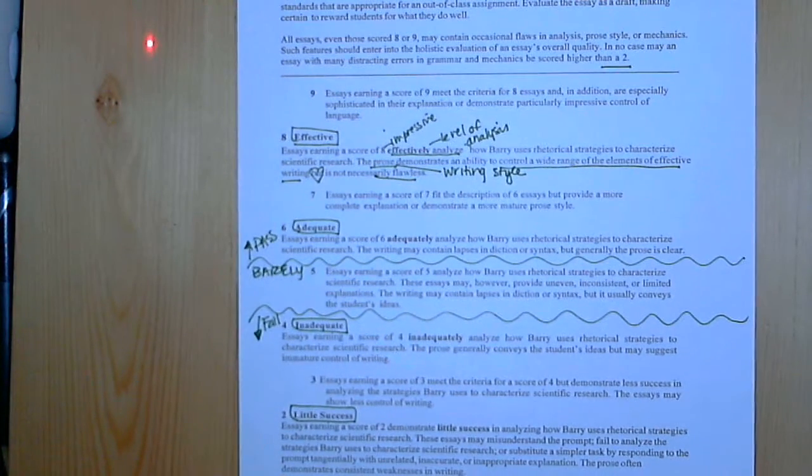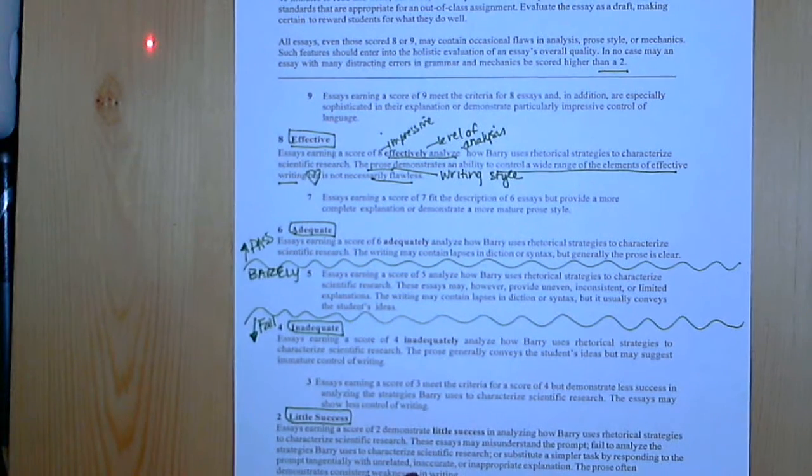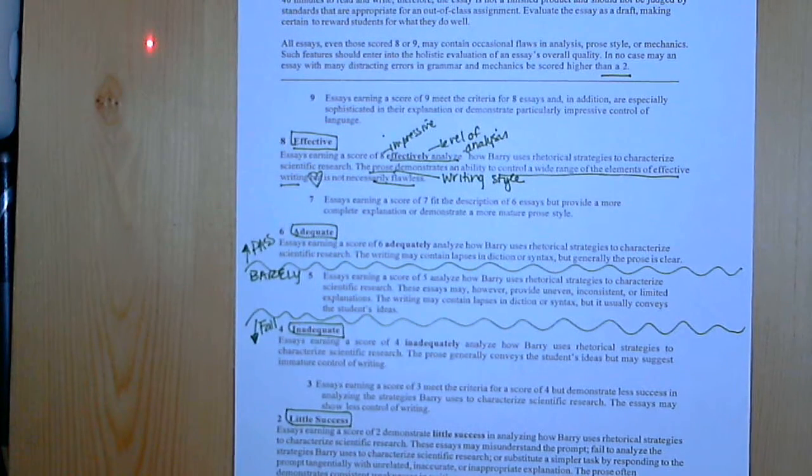I say that's probably the easiest way to improve your writing. Writing style is your sentence structure, right? Your organization of sentences and your paragraphs and your vocabulary. Those things are the easiest things to improve to bump your score up to the next level.